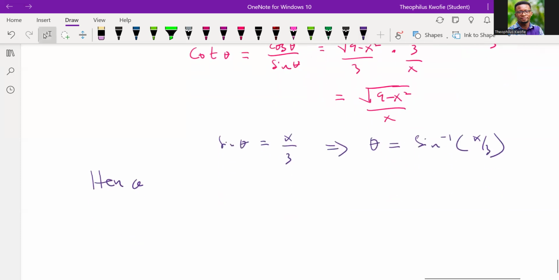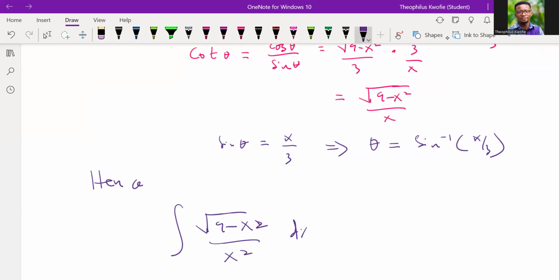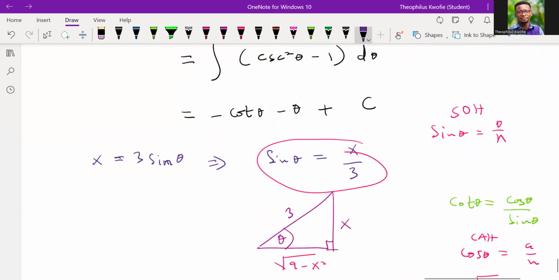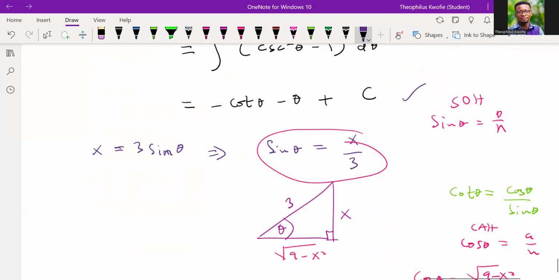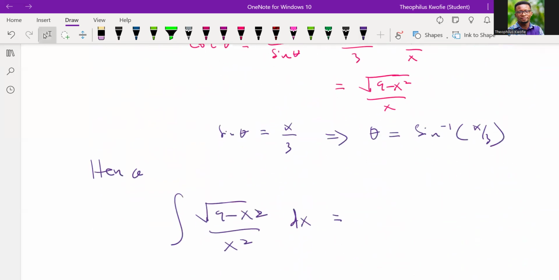And our solution should be equal to what? From here, it should be something like this.